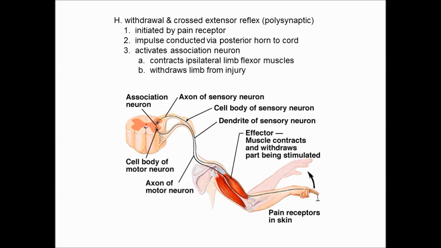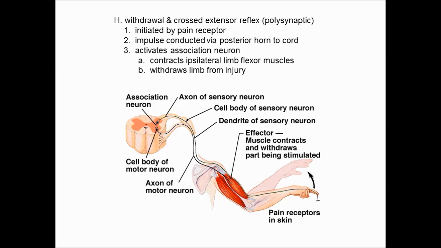So while you're withdrawing your arm due to pain in that limb, it causes the opposite arm to extend, and it's to maintain posture.